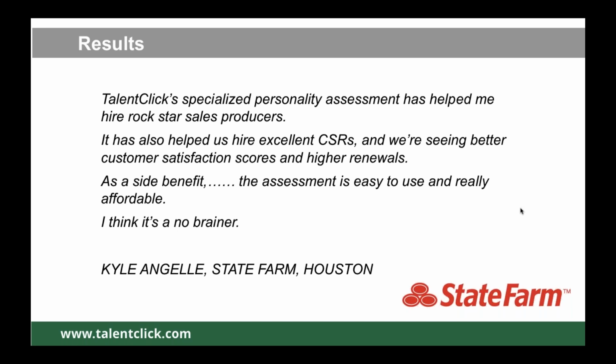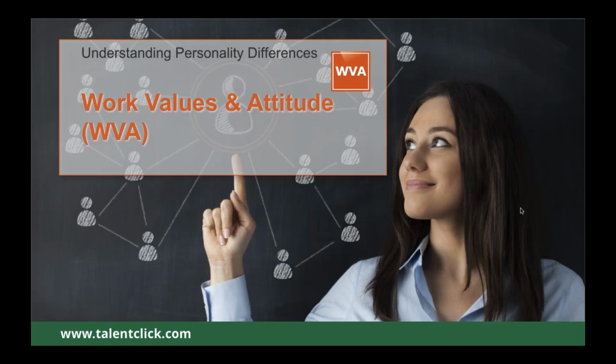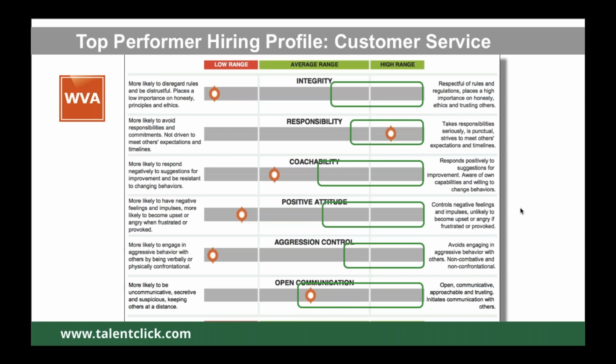You heard me earlier mention that from that 10 to 15-minute assessment, we produce a number of reports. And I mentioned very briefly that we've got this work values and attitude, which helps with person organization fit, the PO fit. So that's more about fit with the culture and so on. I said we don't really have time to talk about this one today, so I'm only going to show one quick slide. And here's a close-up of what the summary page looks like.